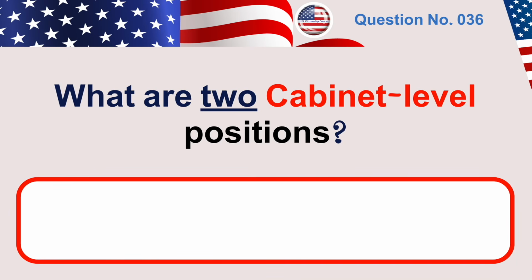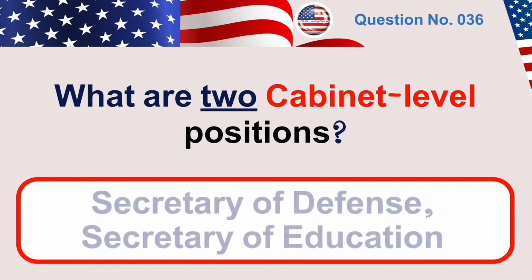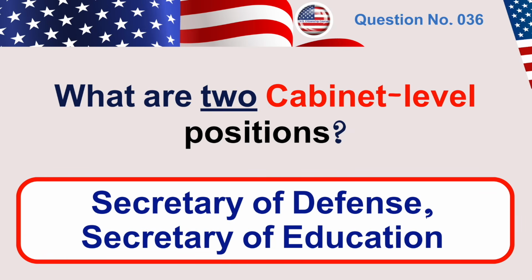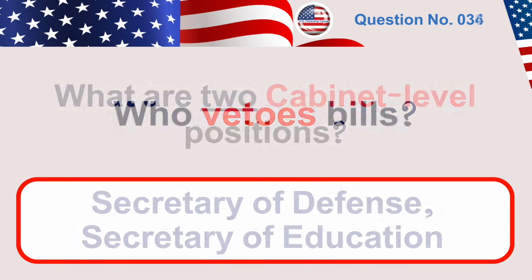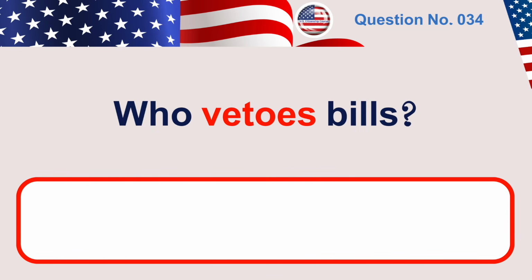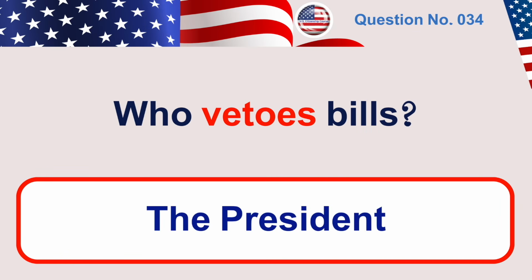What are two cabinet-level positions? Secretary of Defense. Secretary of Education. Who vetoes bills? The President.